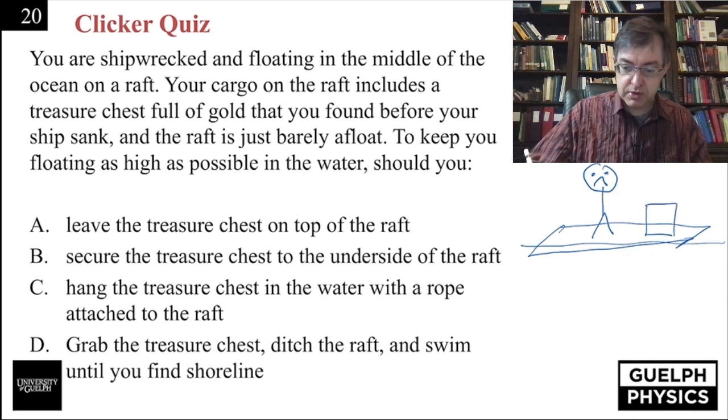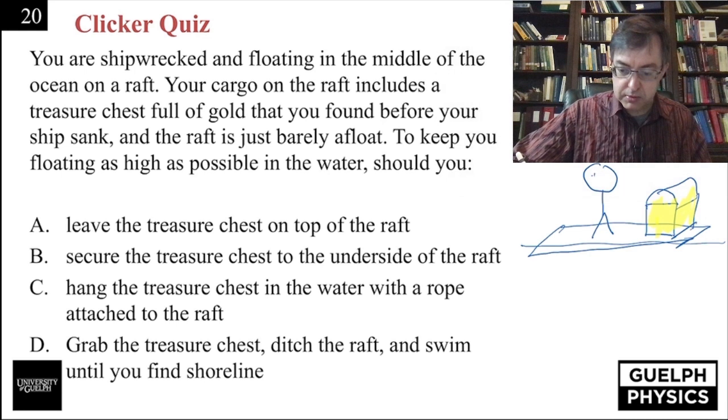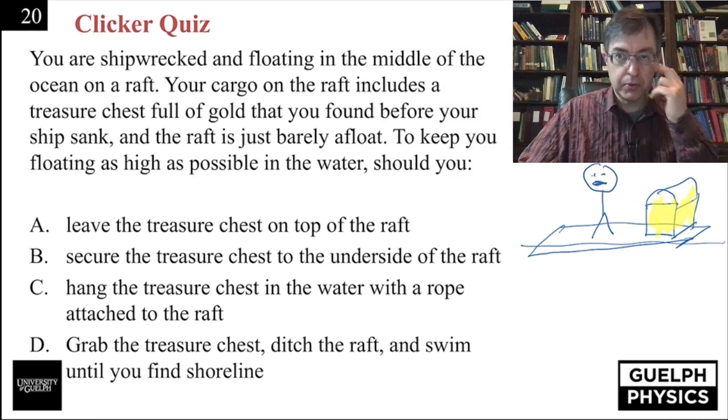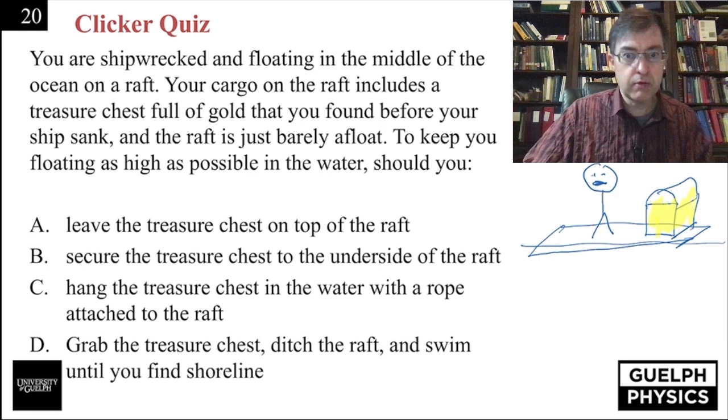So there's actually a treasure chest here. Okay. And it is full of gold. So maybe now you're a bit happier. You're a little bit happier because you have the gold, but you're floating in the middle of the ocean. All right?